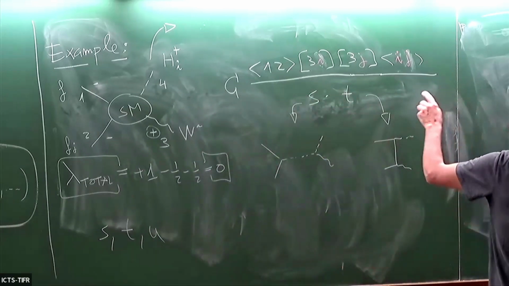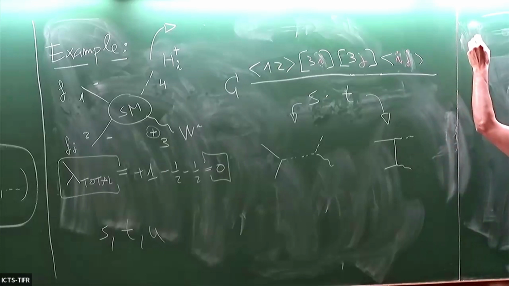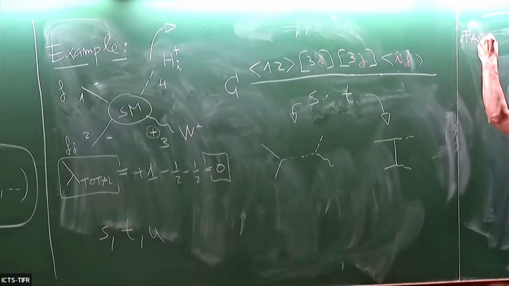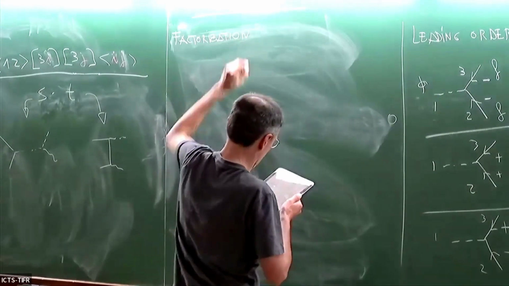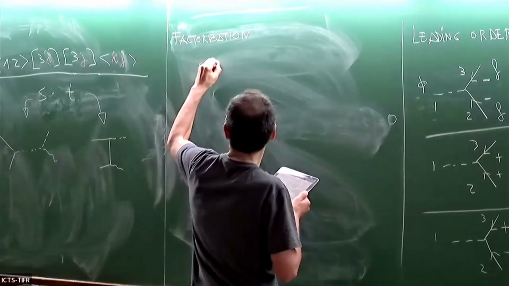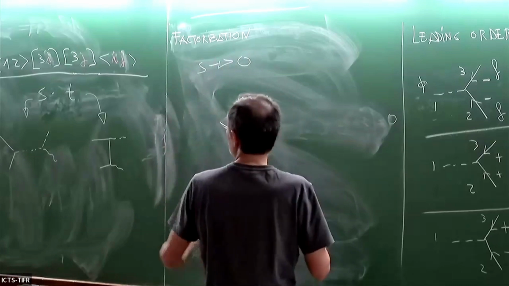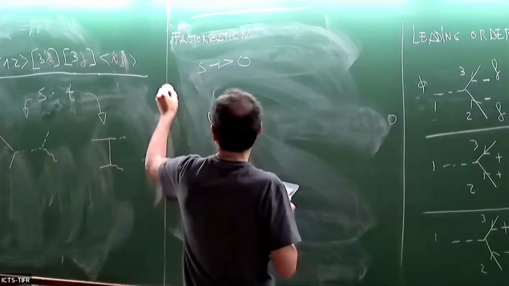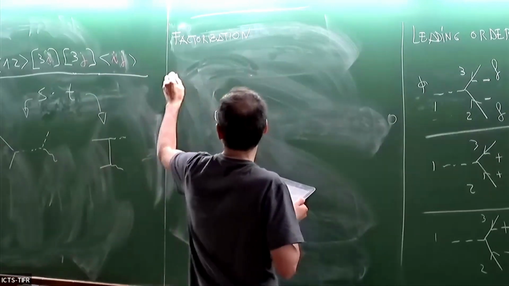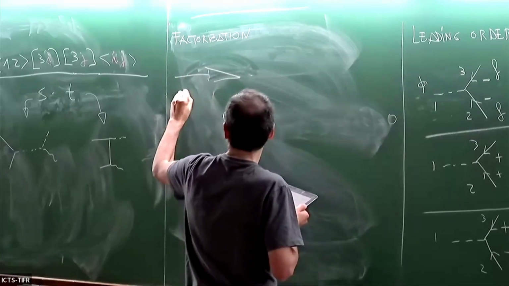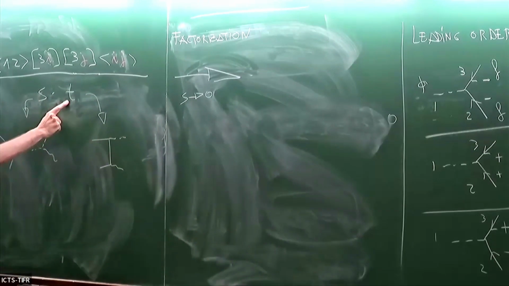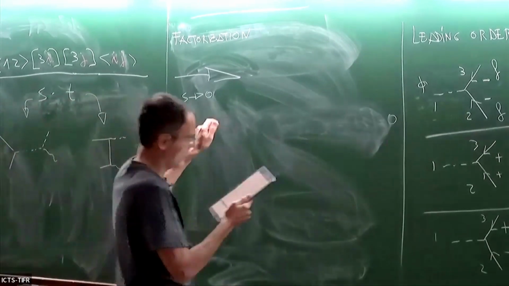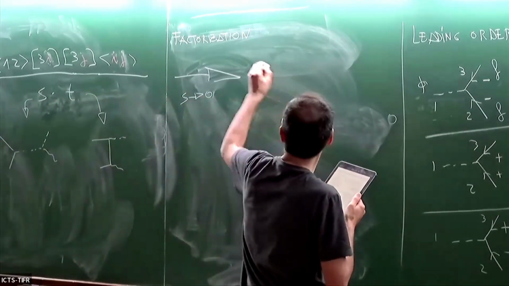Now we need factorization, okay? Let's impose factorization. We take S going to 0, and in this limit, this amplitude has a singularity in S and a singularity in T. Let's take the one in S, which should factorize, of course.